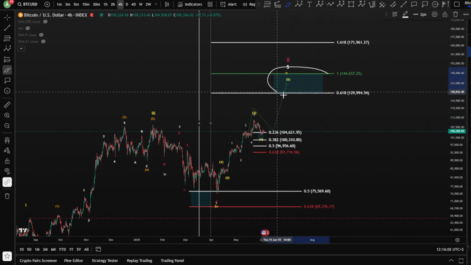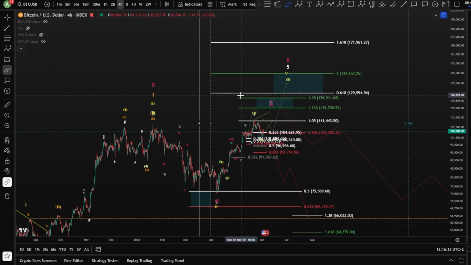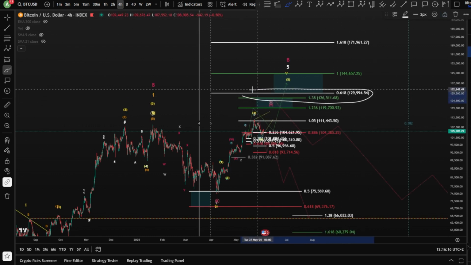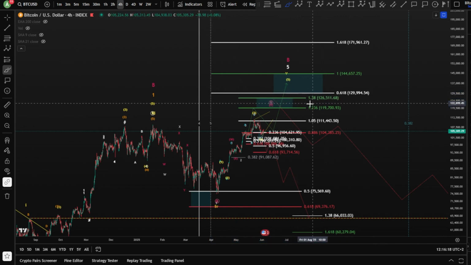Don't forget the confluence between this blue zone and the wave B targets that we see in this scenario, let me check, here we go. They are almost close in between the 126 and the 129.